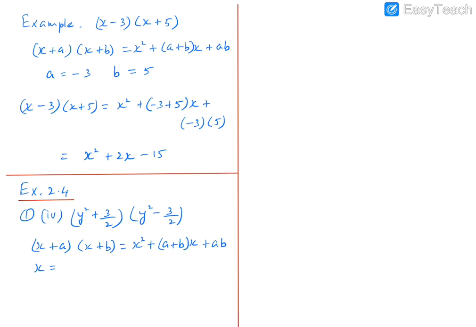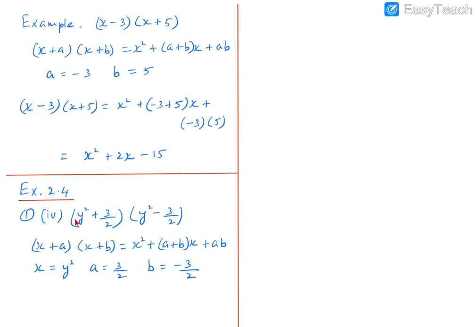So what we are given is x equal to y square. That means in place of x we have to put y square. a equals plus 3 over 2 and b equals minus 3 over 2. So we just have to substitute these numbers in our identity on the right hand side. So in place of x plus a, we have y squared plus 3 by 2.